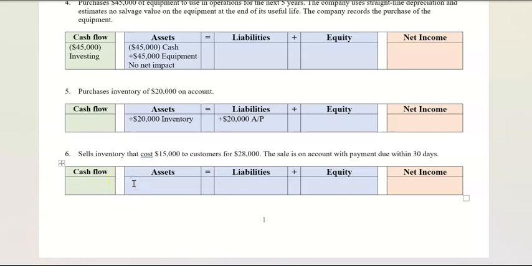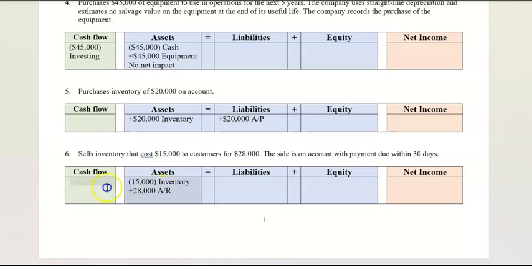Under the asset section, we sold inventory worth $15,000, so we see a decrease in the asset account inventory, but we also have an increase in another asset. We didn't get cash, but we have the right to collect cash in the future. So we have an increase of $28,000 in accounts receivable. And we can note that this is going to end up being a net impact to assets of $13,000.